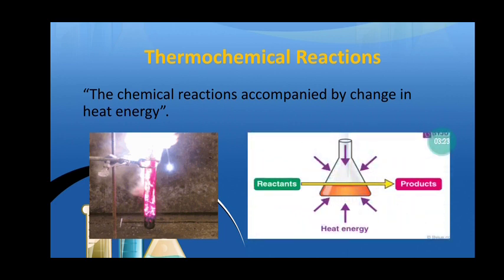So, whenever the reactants change into products, in the system or in the container in which the reaction is carried out, there are some heat energy changes. These types of chemical reactions in which a change in heat energy occurs are termed as thermochemical reactions.